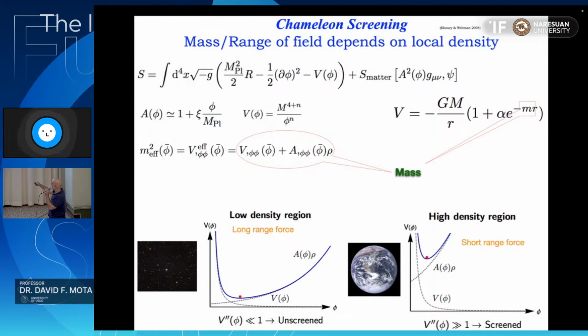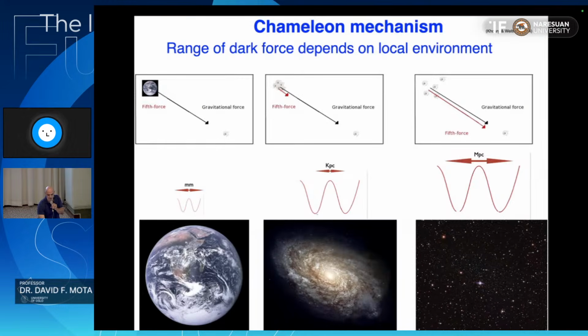If the Compton wavelength becomes very short, my field becomes screened. And that's why when I do an experiment on Earth, even using neutrons bouncing on mirrors and atoms, the range is so short that it doesn't affect the neutrons. The range becomes really, really short. Okay? So that's the way the chameleon screening allows us to avoid constraints on the fifth force.